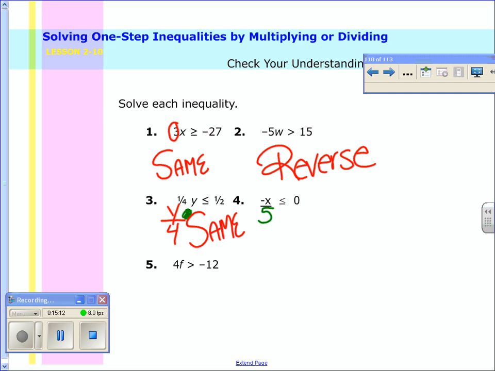All right, number 4 here, I have negative x divided by 5 is less than or equal to 0. Now this one could get tricky, because you think you could just say, oh, I'm going to be timesing by a positive 5, so the sign would stay the same. Except this x at the top is negative. Because the x is negative, you can move that down to the bottom.